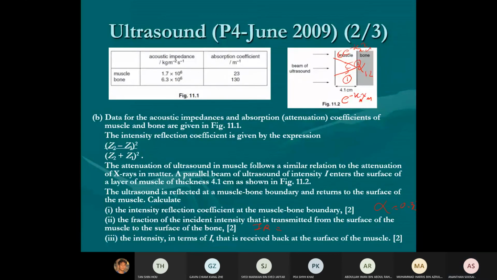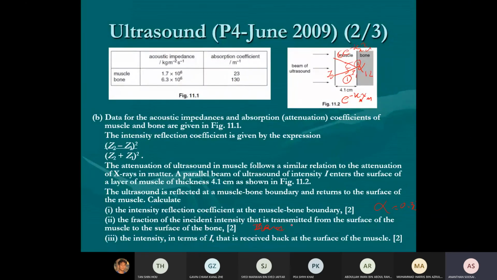The fraction of the incident intensity that is transmitted from the surface of the muscle to the surface of the bone. That means still absorption. That means I naught goes and reaches the surface of the bone as I1. They're asking what is I1.